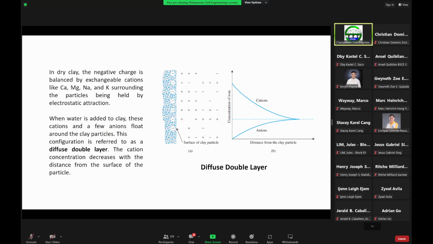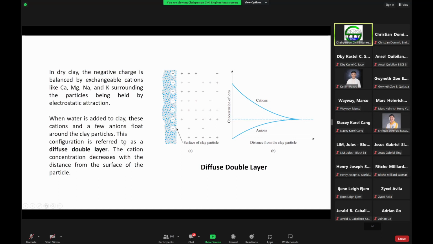So in dry clay, the negative charge is balanced by exchangeable cations like calcium, magnesium, sodium, and potassium surrounding the particles, held by electrostatic attraction. That's in a dry clay.